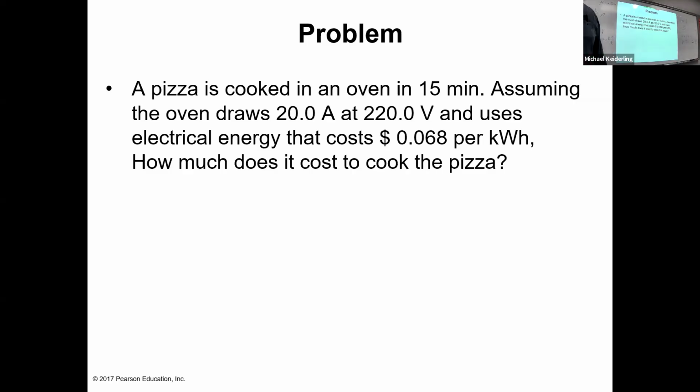How much does it cost to cook the pizza? So what you need to do is figure out how many kilowatt hours is used to cook this pizza. The electrical energy costs 0.068 per kilowatt hour, and you want to figure out how much that energy costs.